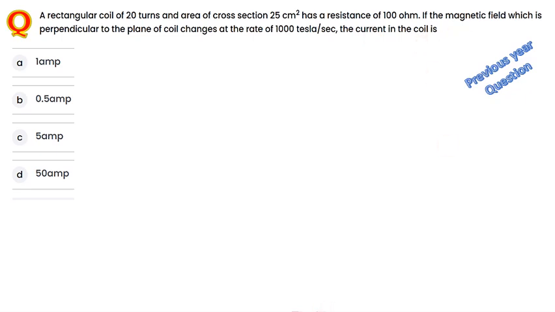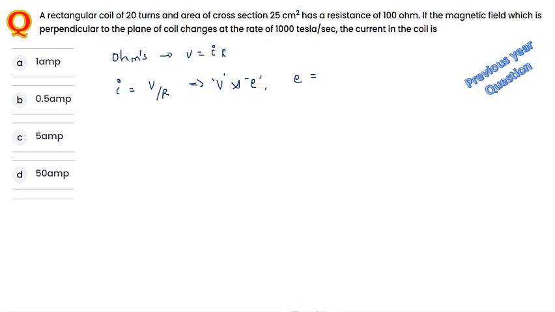Now usually you can mention this according to Ohm's law. According to Ohm's law, V is equal to I into R. Now from this, I is equal to V divided by R. Here in this case the potential V and the induced EMF E are both the same, and the induced EMF E you can mention as BAN.